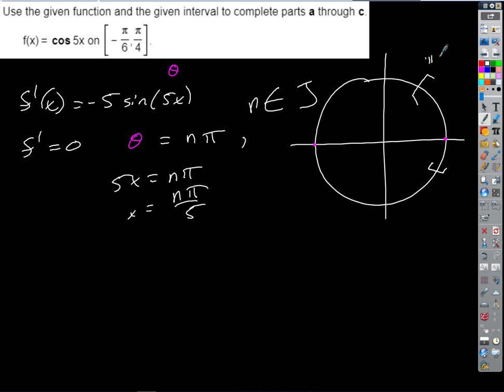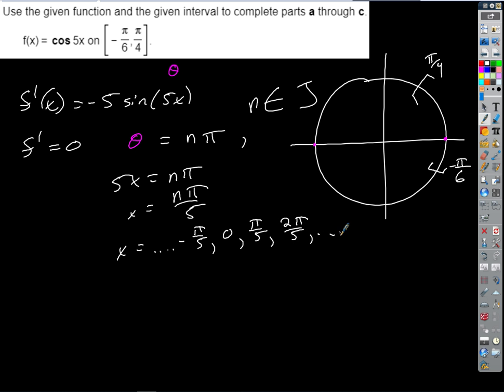Pi over 5 would work if n is equal to 1. So what are some values we get? We could say x is equal to negative pi fifths, 0, pi fifths, 2 fifths pi, etc. There's an infinite number of them.